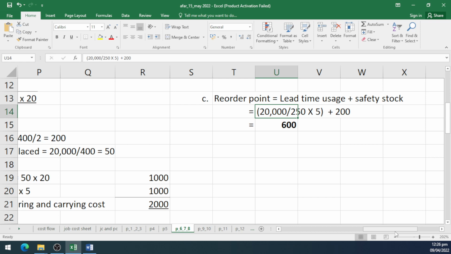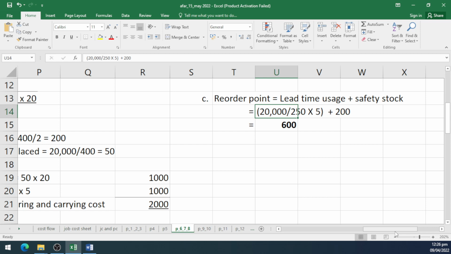5 days bago dumating, gagamitin mo yung 400 units. Pag na-delay yung delivery, yung lead time halimbawa naging 6 days or 7 days, you have reserve or buffer yung safety stock. Or pag yung daily usage ay nag-increase from 80, naging 100 or 90, you have that safety stock.